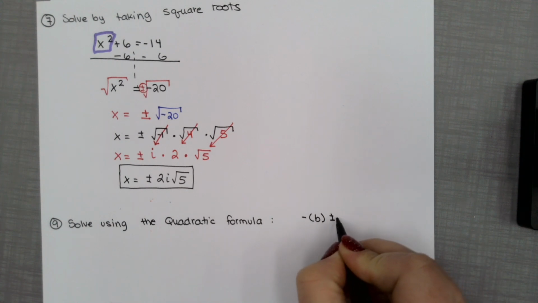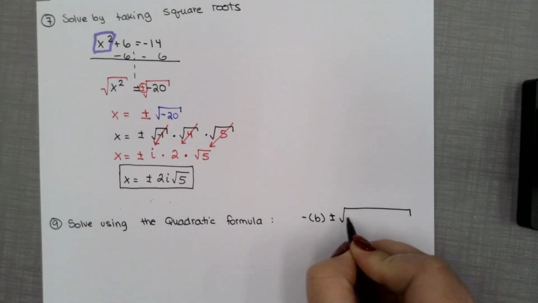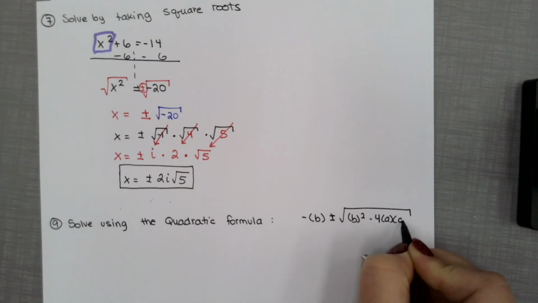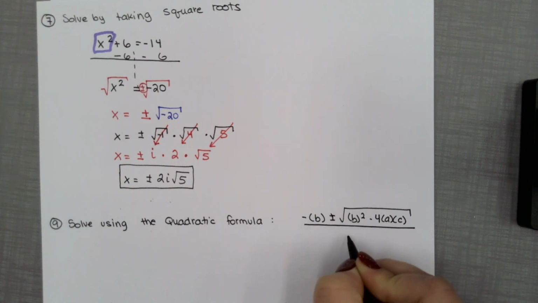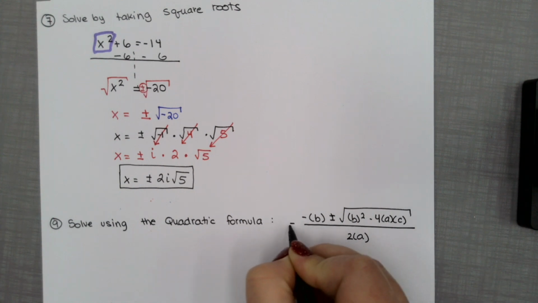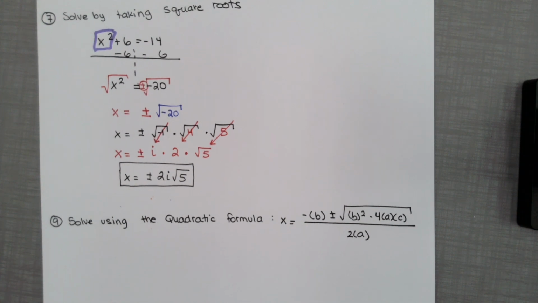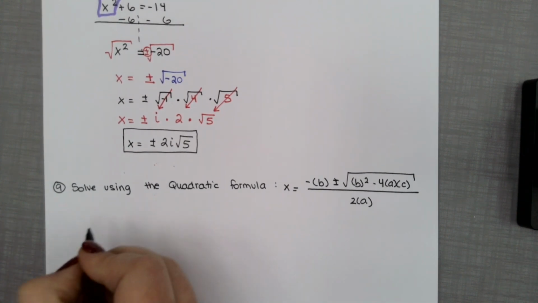So x equals negative b plus or minus the square root of b squared minus 4ac, all over 2a. Sometimes they give you a different letter to solve for. On question number 9, I'm looking at x, so for us it'll stay x.